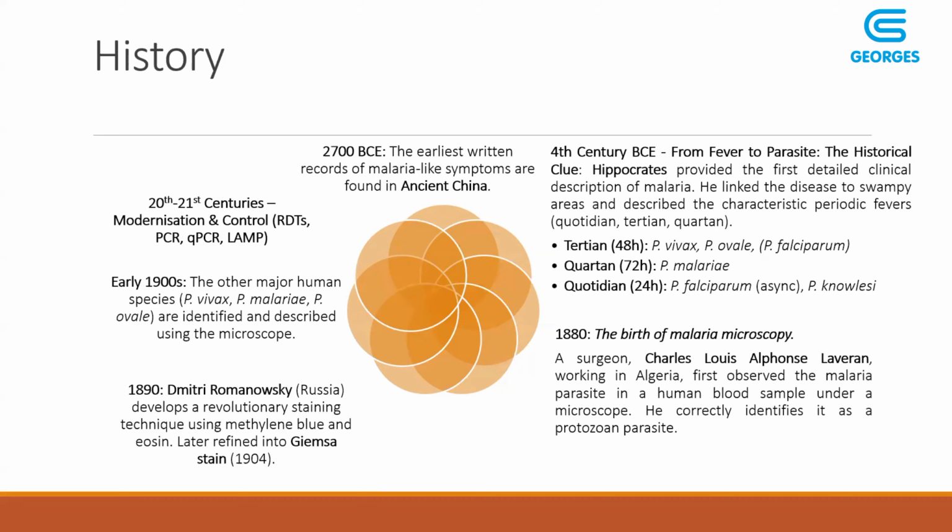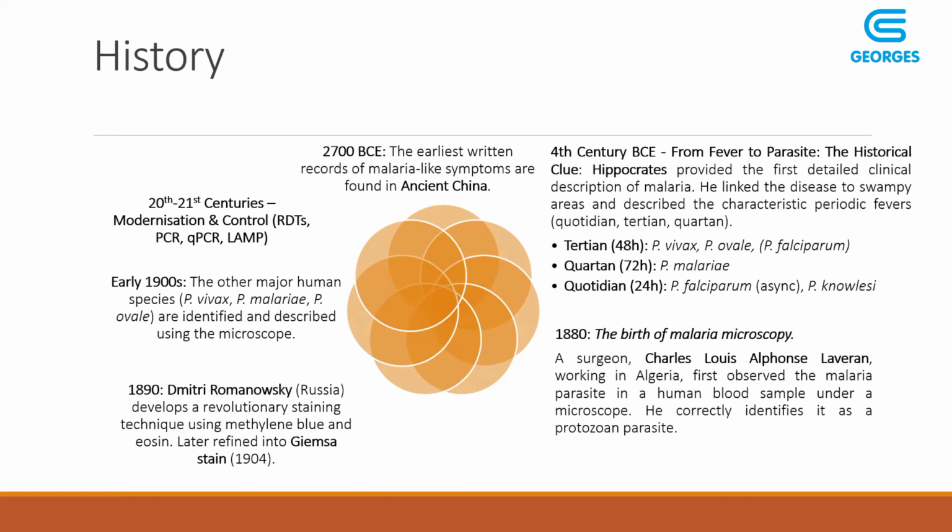And then we have the 4th century BCE, where a Greek physician called Hippocrates provided the first details of clinical description of malaria. He also linked the disease to swampy areas and described the characteristics of periodic fevers of different species of malaria.